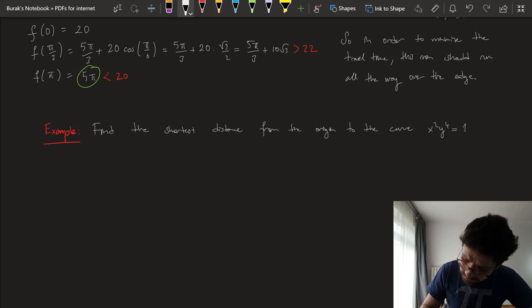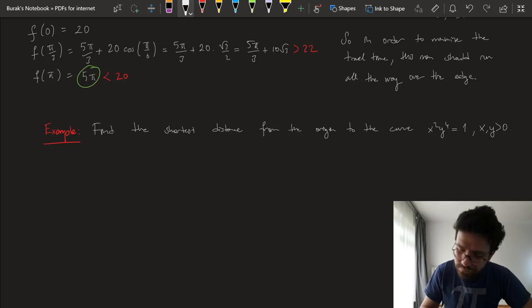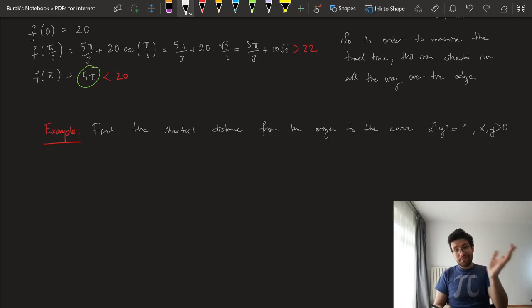I'm going to pretend that x and y are both positive. I don't have to do that, but I will.